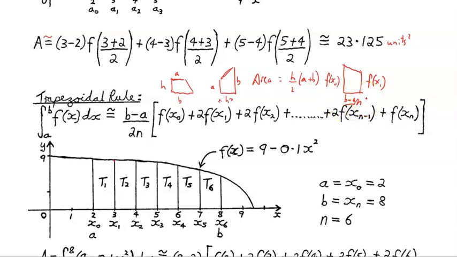Okay, and then the area for this becomes b minus a on n, but we need a half of that. Remember over here it was the half. And then we need f of x0, I'll call it f0, plus f1. That's the area of our first trapezium, f0 being f of x0 and f1 being f of x1.